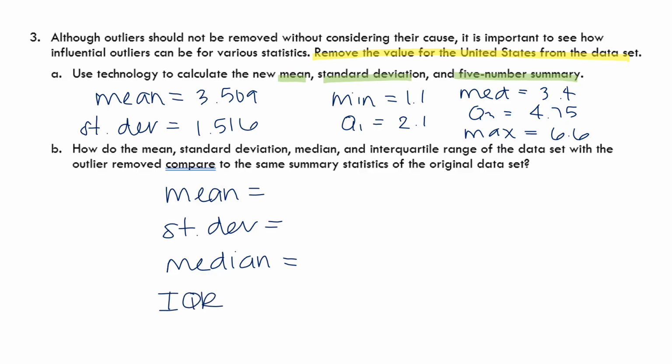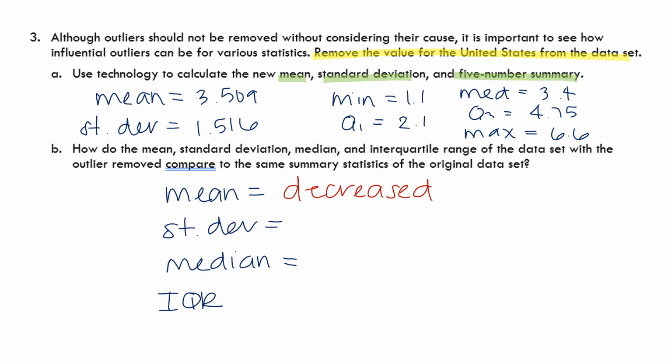If we look back at the previous problem when we had the outlier, the mean originally was 3.69, and when I removed the outlier, it's now 3.509. So the mean decreased, which is what we also found out on Friday. If you remove a large outlier, it's going to cause the mean to decrease or get smaller.